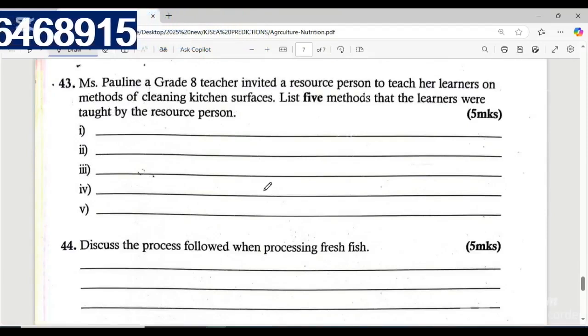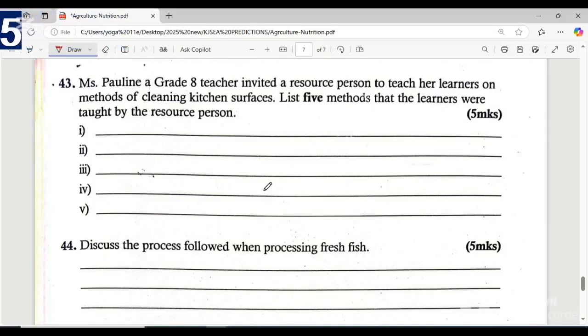Miss Paulina, grade 8 teacher, invited a resource person to teach her learners on methods of cleaning kitchen surfaces. List 5 methods that the learners were taught by the resource person.